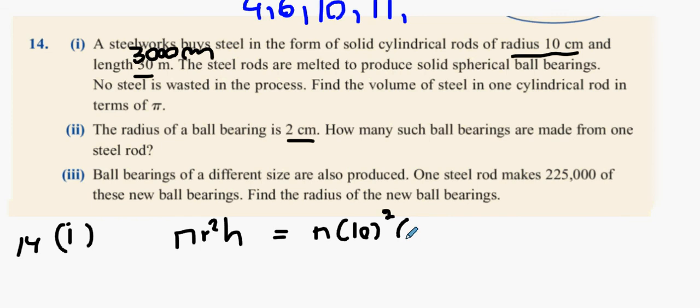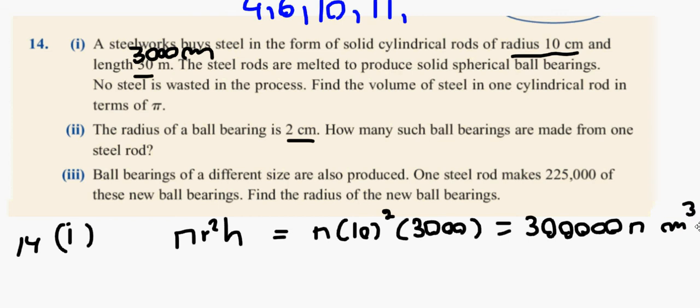Times 3,000. Somebody really quickly? I think it's going to be something like 3 million or 300,000. Yes. If you tip it over, that's height. That's length. 300,000 pi centimeters cubed, right?